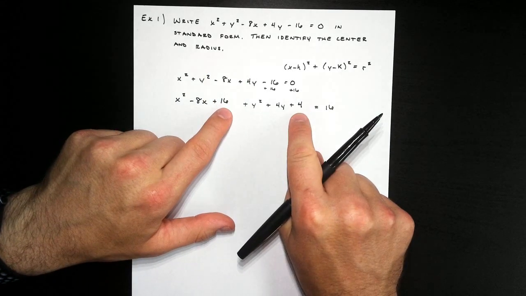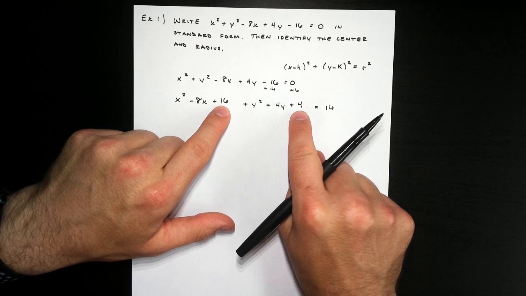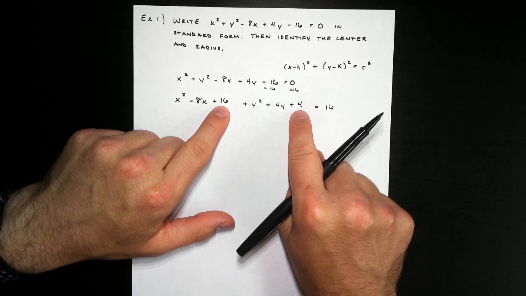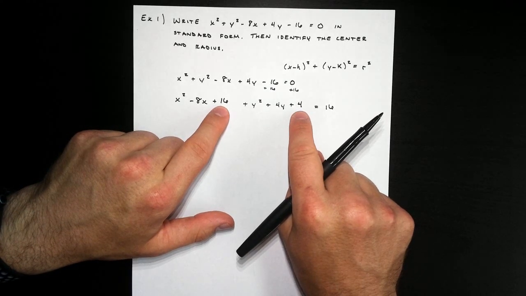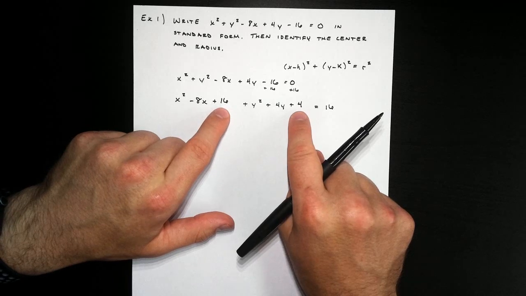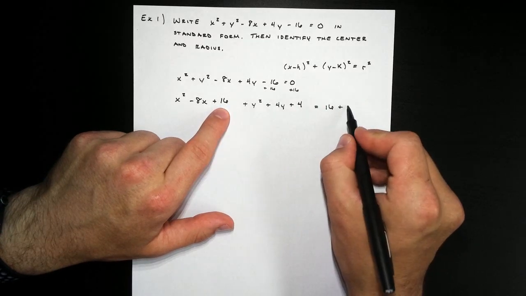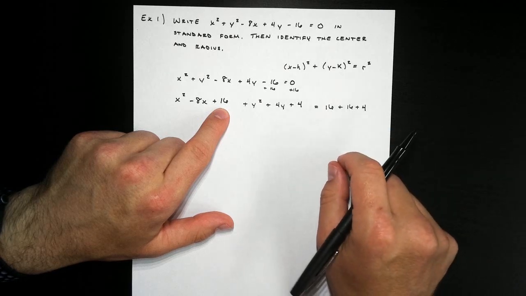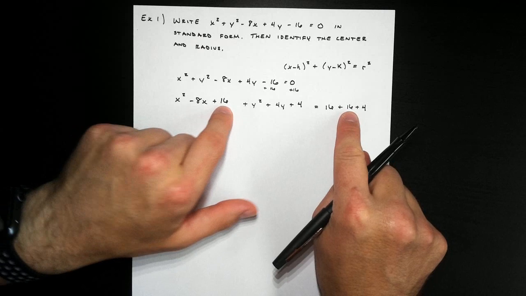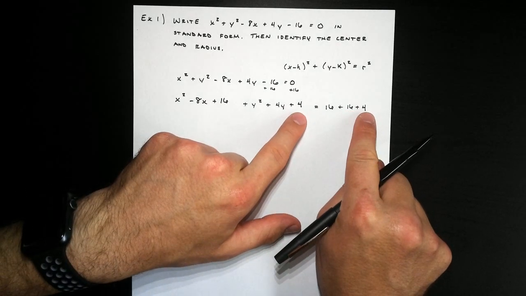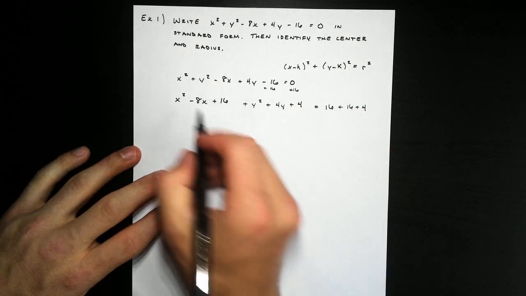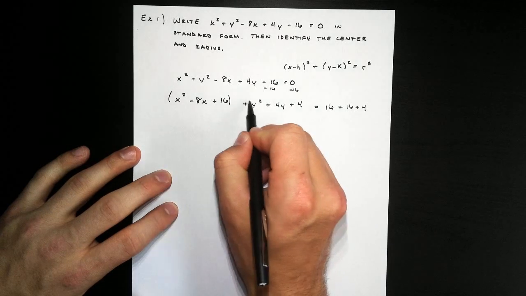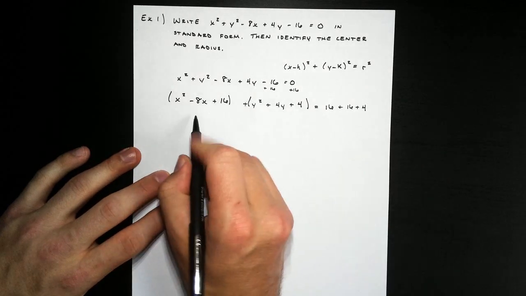I did just add these on. However, to maintain the equality of our equation, if I added them on the left-hand side, I also need to add these on to the right-hand side. So add 16 onto both sides, add 4 onto both sides. Now we can factor.